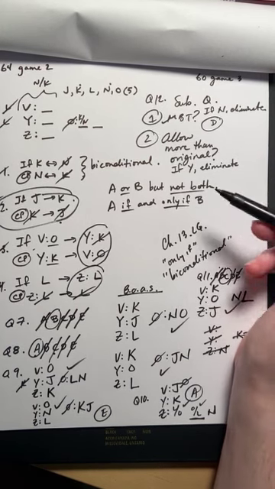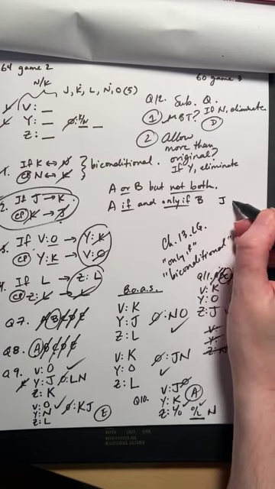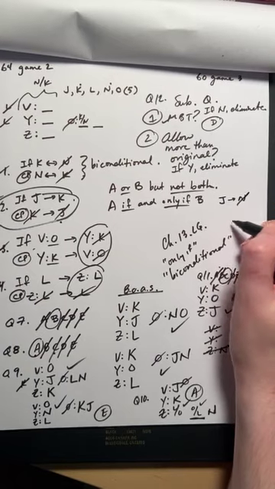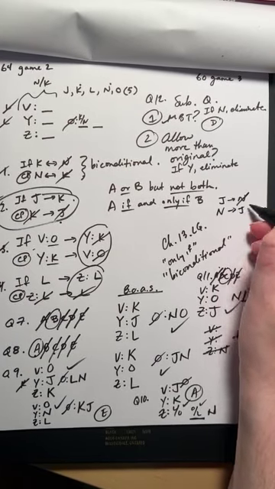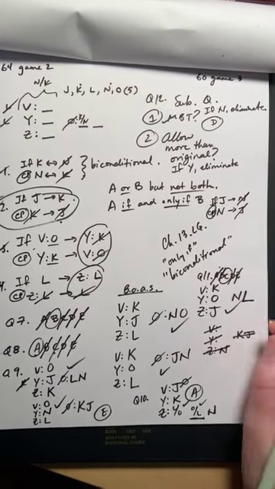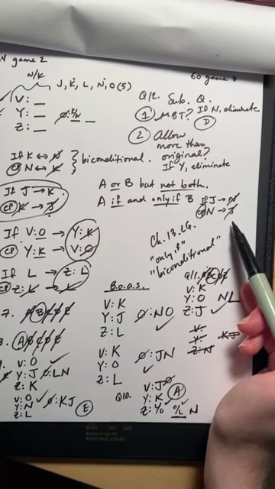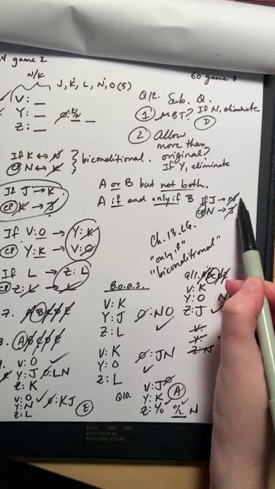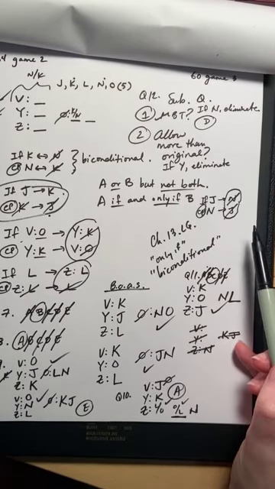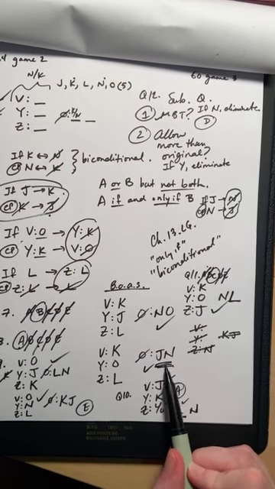So D would look like this: if j is in, then n is out. If n is in, then j is out. That's a not both relationship between conditional. So not both j and n means it's possible to have n and j both out. So this would still be possible.